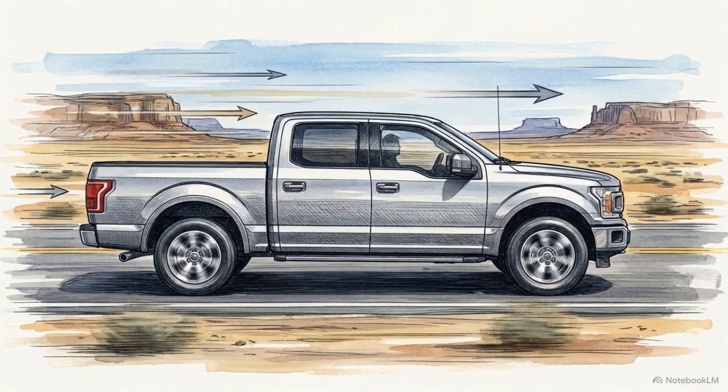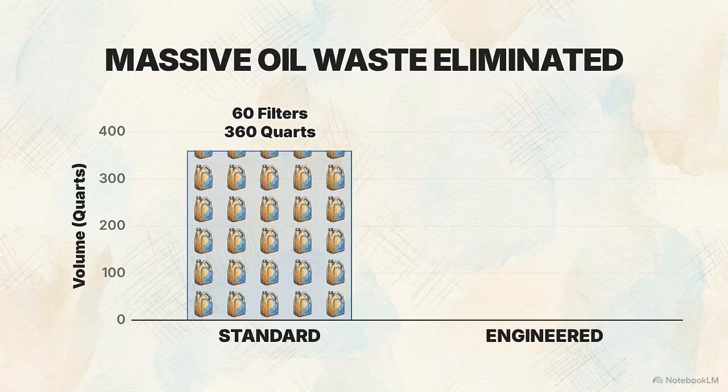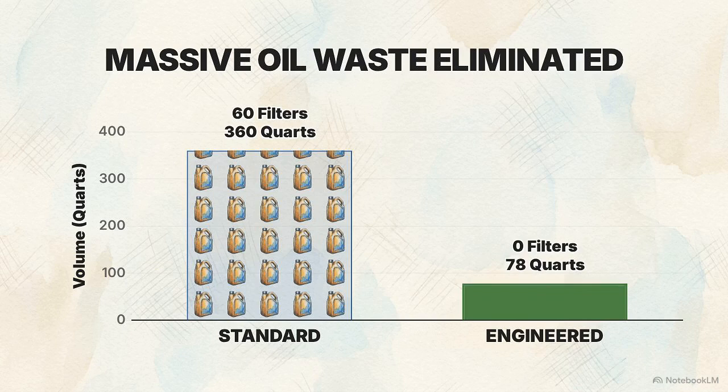A typical consumer-grade F-150 driven for 300,000 miles will discard 60 filters and roughly 360 quarts of engine oil. In contrast, the engineered cycle uses 0 disposable filters and requires only 80 quarts of fluid over the same period, an 85% reduction in total oil consumption.